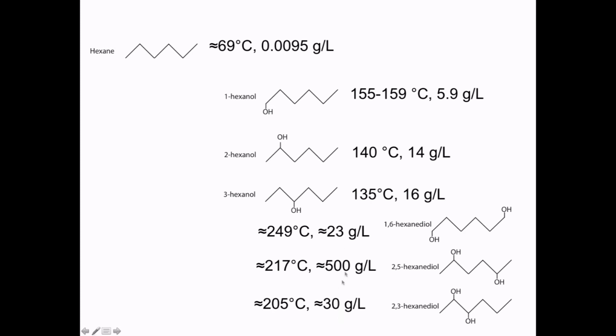So we see that 1,6-hexanediol has 23 grams per liter of water solubility, while 3-hexanol has 16. But it's still the case that 1,6-hexanediol is more water soluble than 3-hexanol. So our simple ranking still makes a pretty good job.